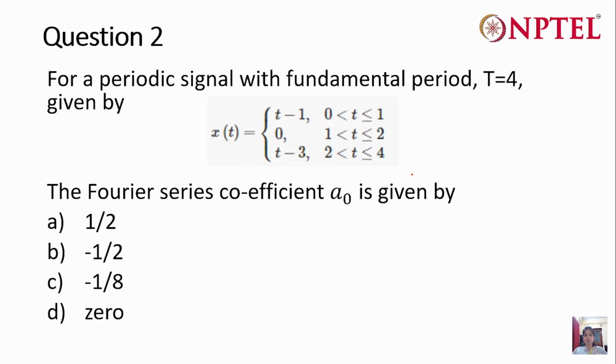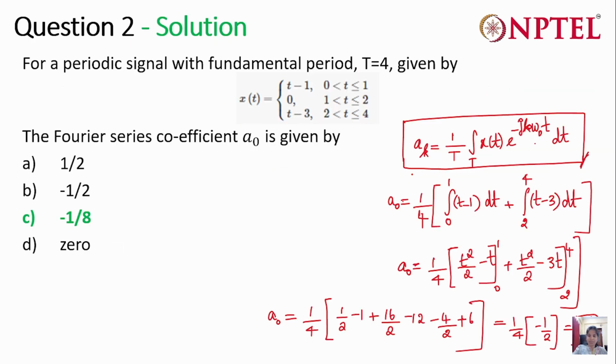Generally to find a naught, it is very simple. So generally ak, how do you find? It is 1 by t integral over t x of t e power minus jk omega naught t dt.